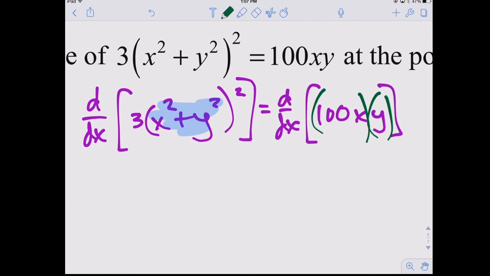Chain rule. Lovely. Now remember, on this one, you have the option. You're after the numeric value of the slope. So you want to plug in and then simplify, or simplify and then plug in.